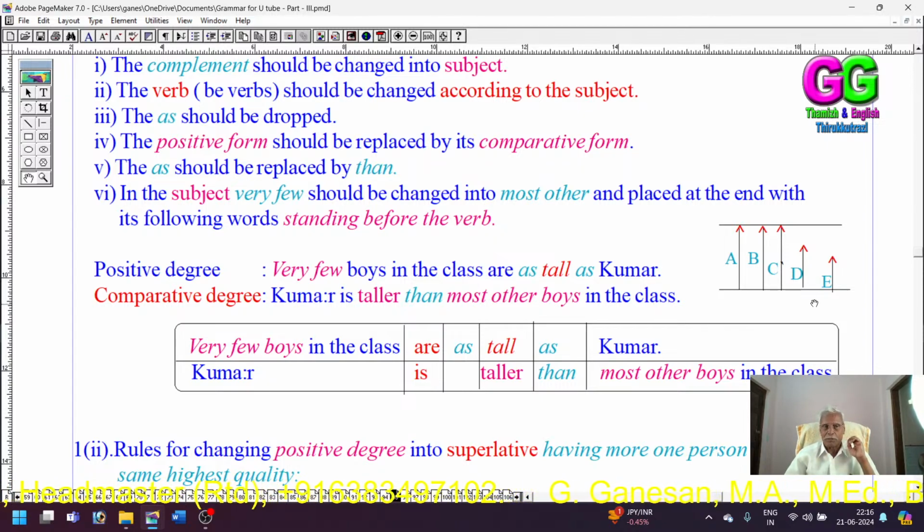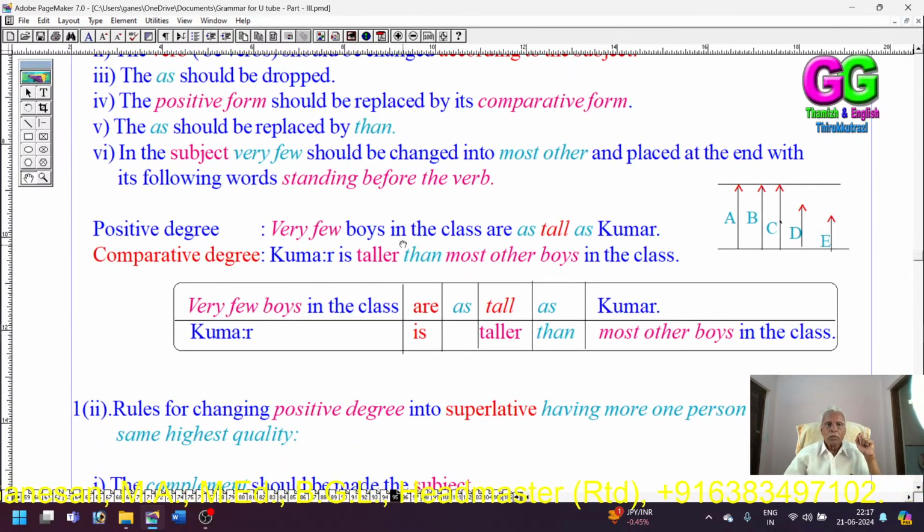Of these, five boys are in a class. Out of the five boys, three boys are having the same height. A, B, and C have the same height, and the other two boys are with different height. So, to make it easy, I have given it as a diagram.